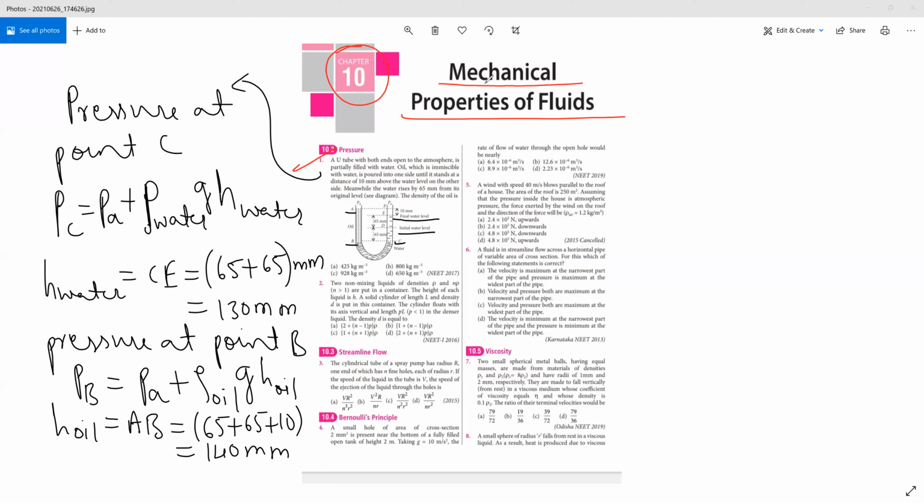So next, the continued part I'm going to show here at the right side. In the liquid, pressure is the same at the same liquid level.